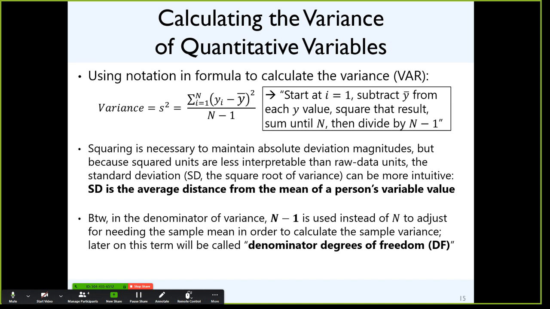So how far off is the mean from your observation squared, sum that over people, and then divide by n minus 1. So why is it minus 1? That's taking an explicit acknowledgement that there's no way we could have done this without already knowing what y bar is. So in terms of unique pieces of information about our sample, we know that we have n data points in a variable.